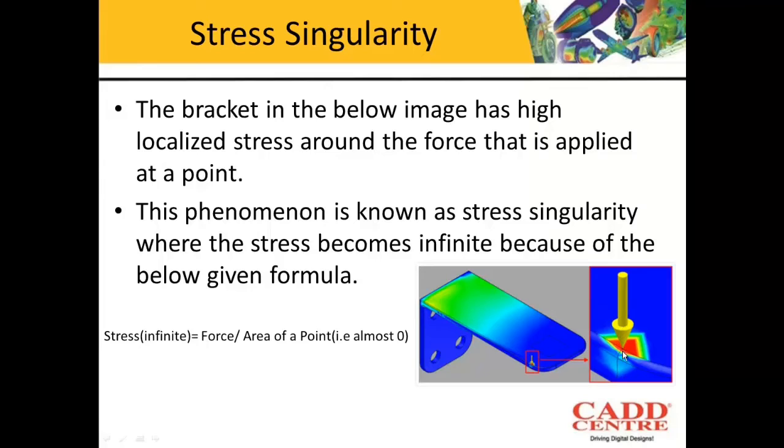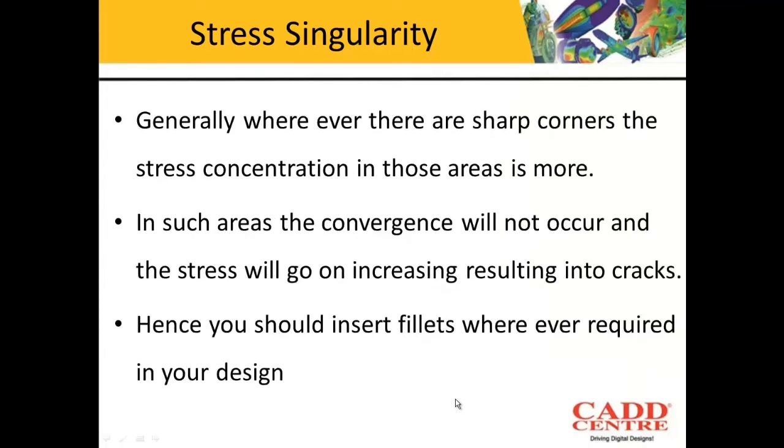So when you apply a force on a single point or on a sharp corner, the area is almost 0. If I divide something by 0, the stress becomes infinite. So this is again a reason of stress singularity. Whenever you apply forces on small edges, on small areas or on points, there can be a situation of stress singularity, so you should avoid such cases.